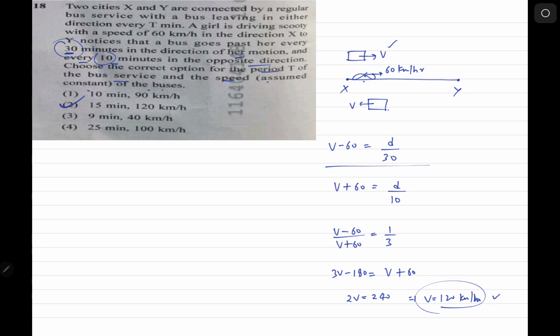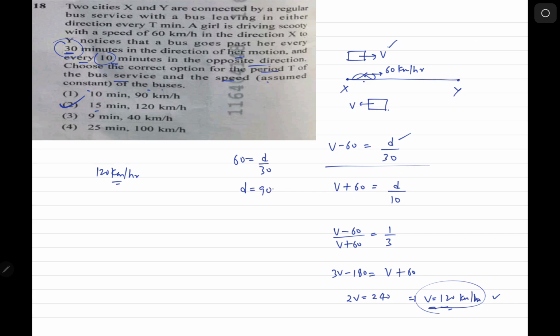So that is option 2 only, and you can find the time period also from this. The speed of the bus is 120 km per hour. We'll just find this distance also, by putting this V value here. So 120 minus 60, 60 is equal to d by 30.